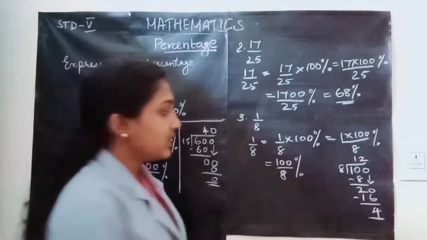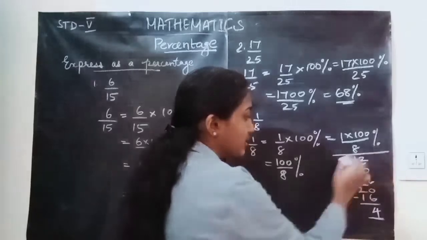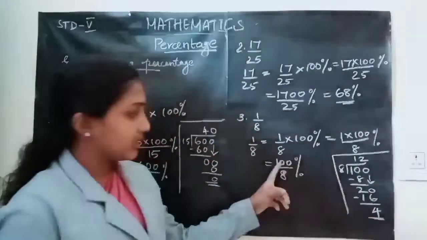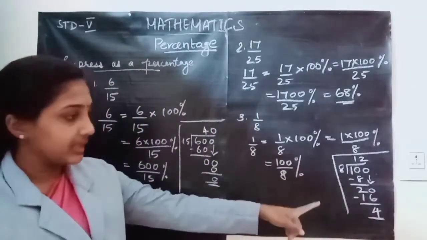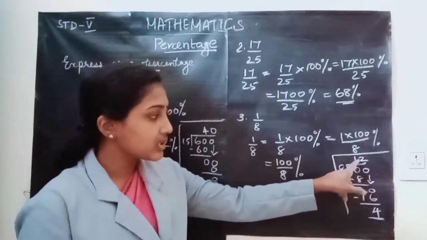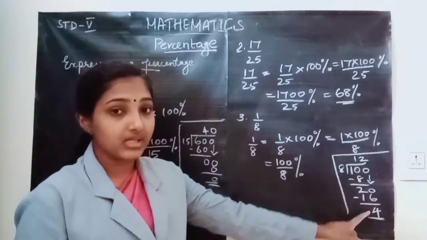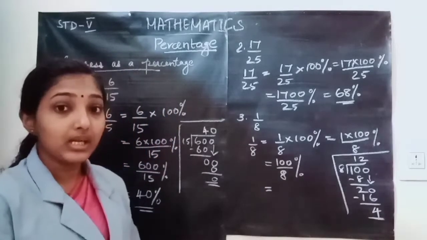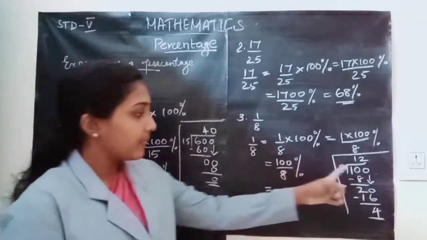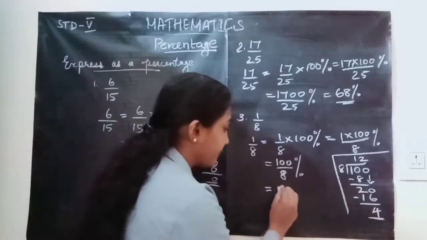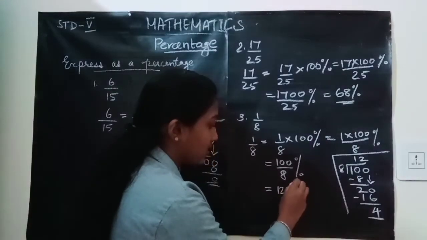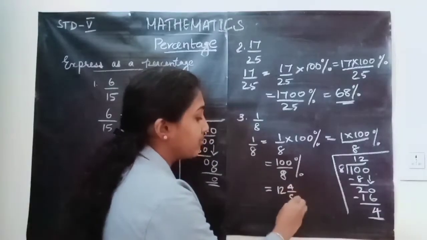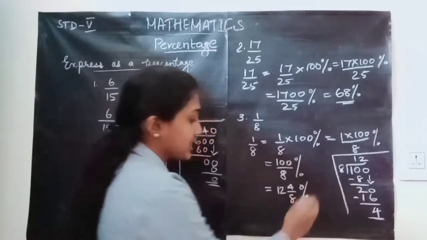Okay. So see, we got it as a mixed fraction, right? Here 100 by 8, on dividing it, we got the quotient as 12, and there is a remainder also. So here we'll express it as a mixed fraction. Okay, so it is 12 4 by 8 percentage.